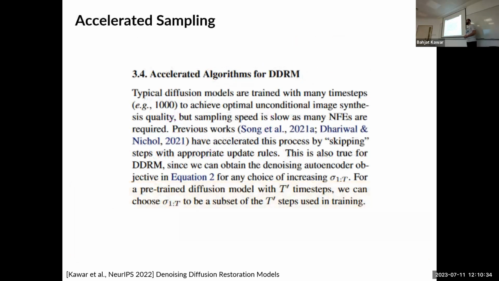Another point here is that you may have heard that diffusion models are notoriously slow. They take thousands of iterations, talking about an iterative process. In DDRM, we actually depended on our collaborators' work, Jiaming Song from NVIDIA, before that Stanford, on the DDIM, denoising diffusion implicit models, which you may have heard of in the context of other diffusion models.